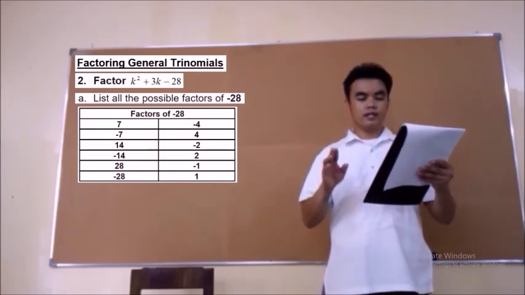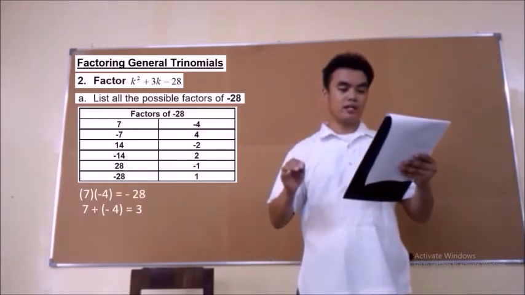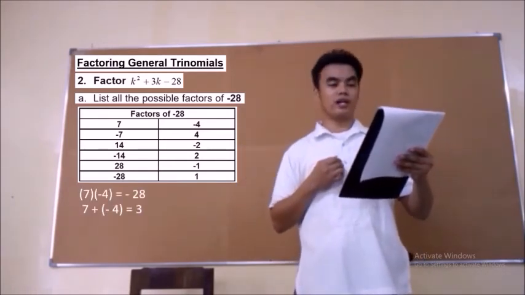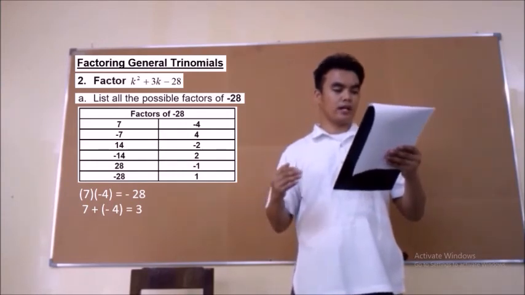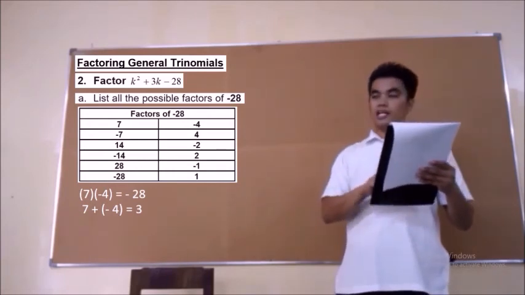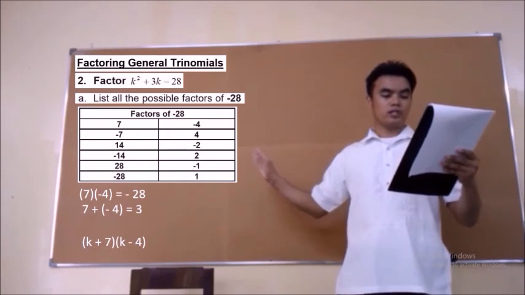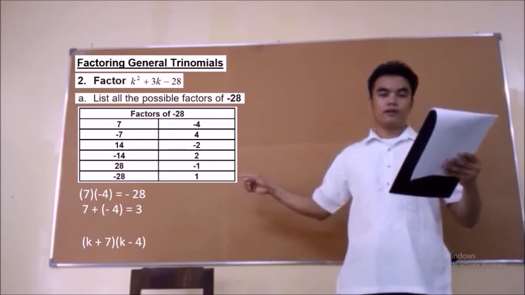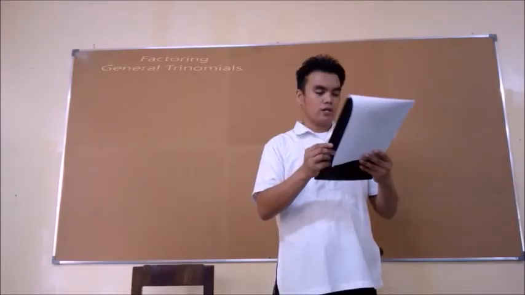And 7 plus negative 4 is 3. So, nakuha na natin yung tamang sagot agad. Di ba? So, ano ang magiging sagot niya? Our factor will be equal to k plus 7 times the quantity k minus 4. So, this will be the answer.